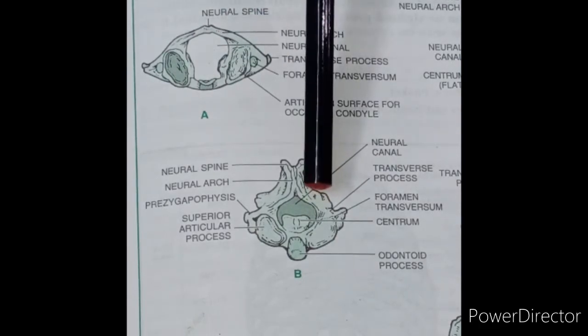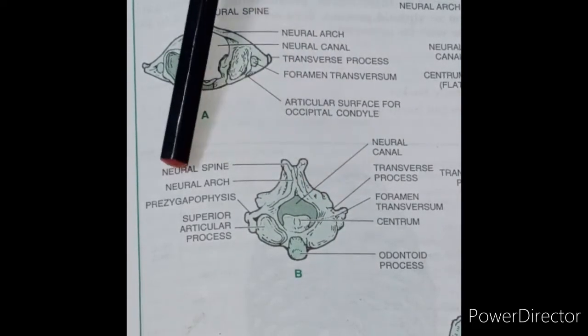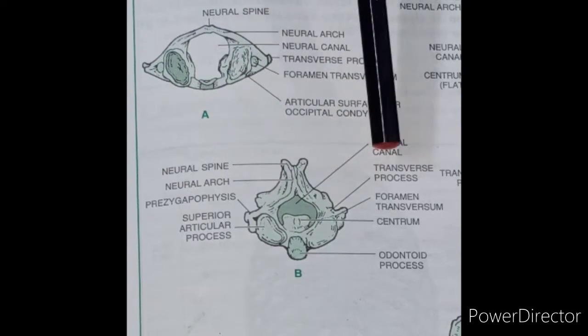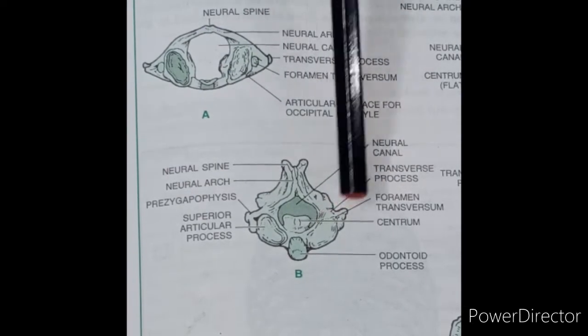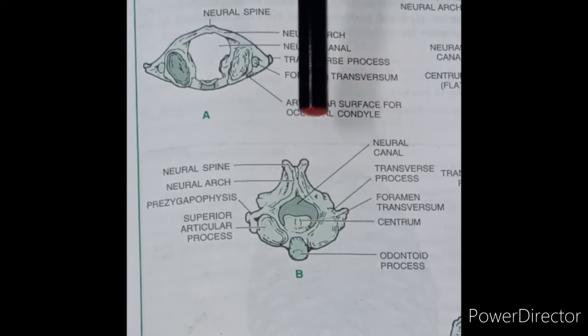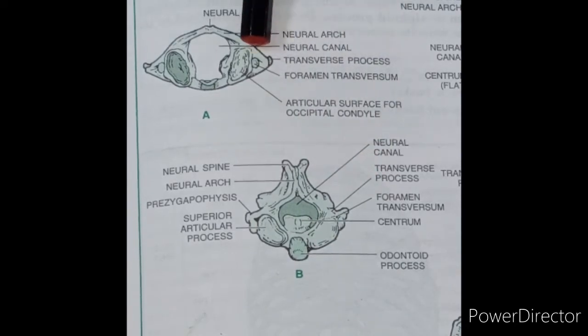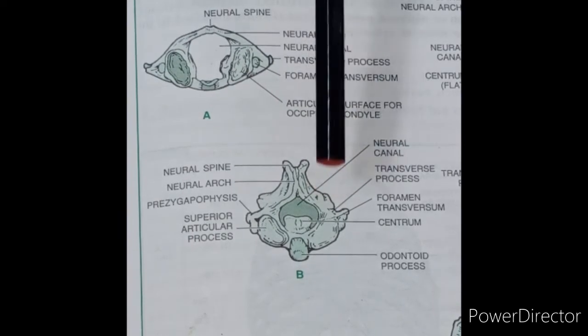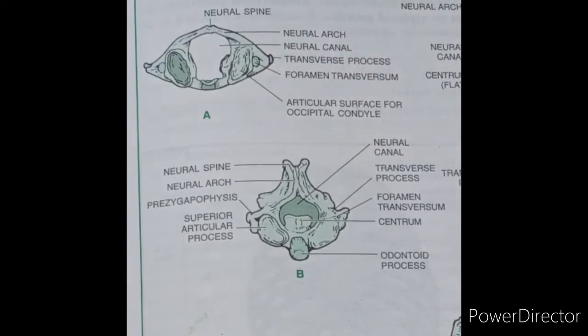So here also the same structures are present: neural spine, neural arch, the neural canal and the transverse process. So these two are the first vertebrae, that is atlas and axis of the cervical vertebrae.